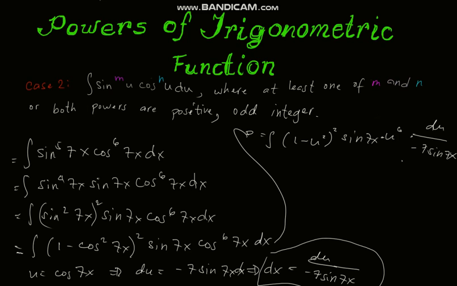Okay, so we can cancel this out, and this negative 1 over 7, we're going to put it in front. This becomes negative 1 over 7 integration of the square of 1 minus u squared times u raised to 6 du.